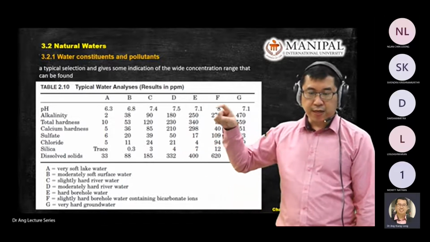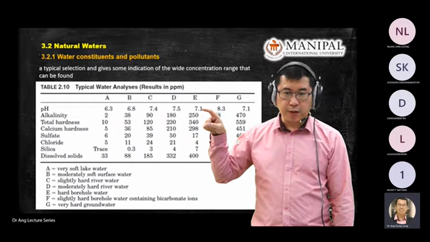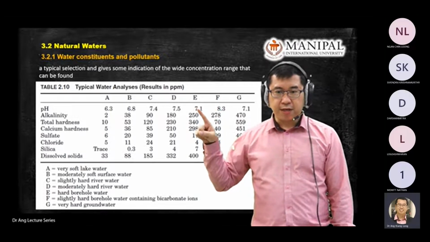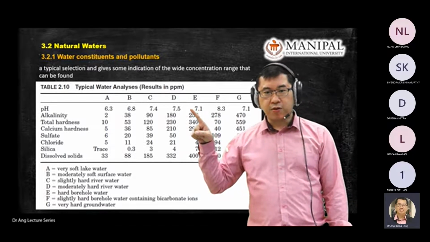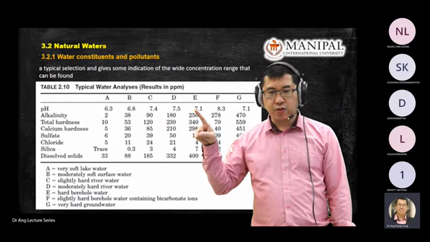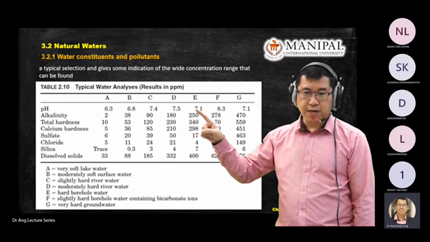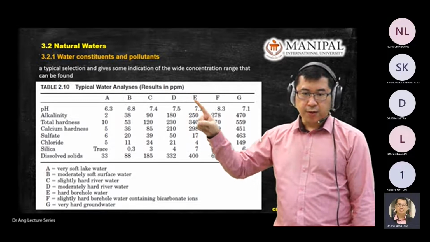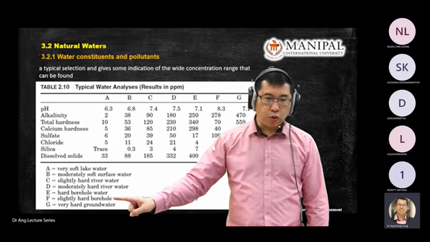So if you send the water sample in and the test result is maybe 7.1 or 7.2, or 7, or 6.9, very near to this, then they fall under E. What is E? Refer to this one. E is hard borehole water.